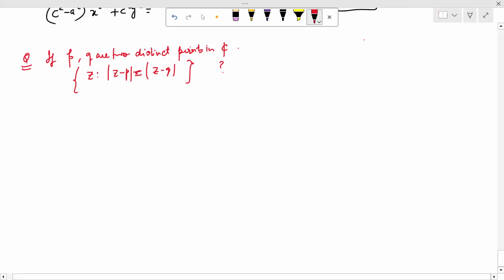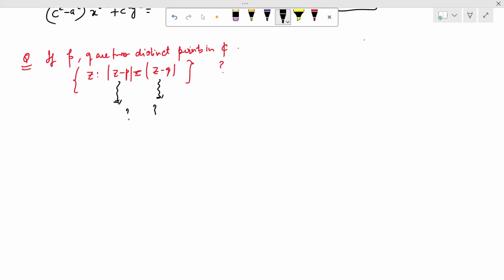See, if I'm saying that modulus of z minus p is equal to modulus of z minus q, what does it mean? Shikha, physically, how would you comprehend this? I taught you that whenever this sign comes, it implies distance. So this represents a distance.